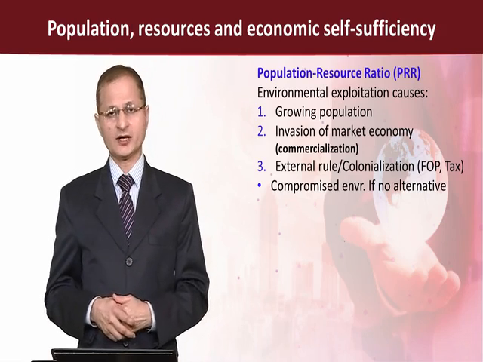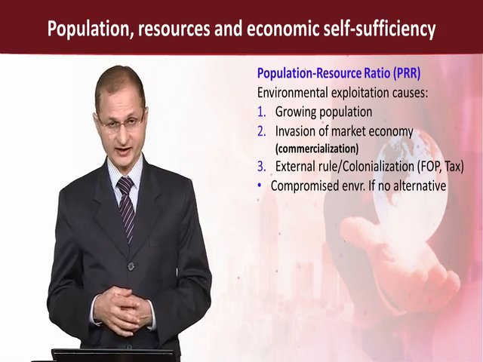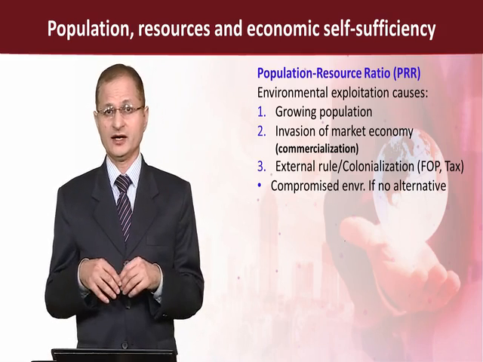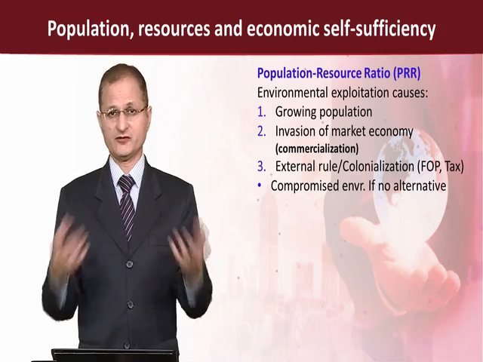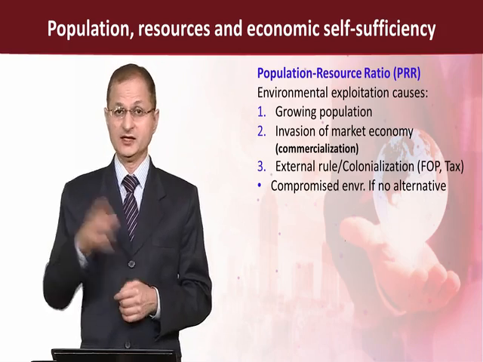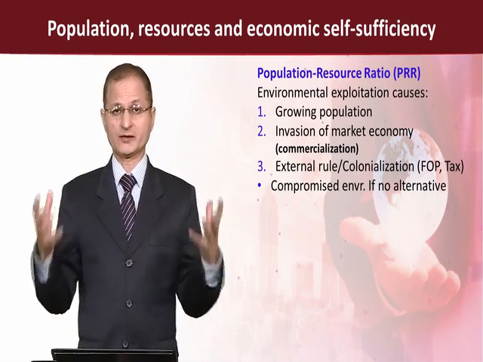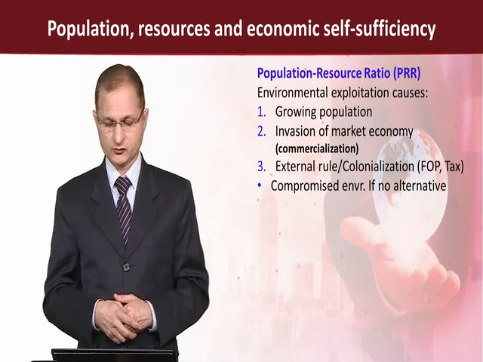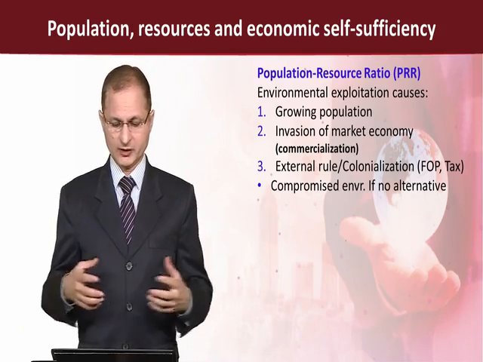External rule and colonization also affected this, because external rulers needed to focus on raw material, generating more raw material and factor production, specifically labor. And specifically they wanted to generate more taxes. They wanted to collect more tax revenue, because they wanted more control over more areas and to generate more revenues for accumulating wealth.